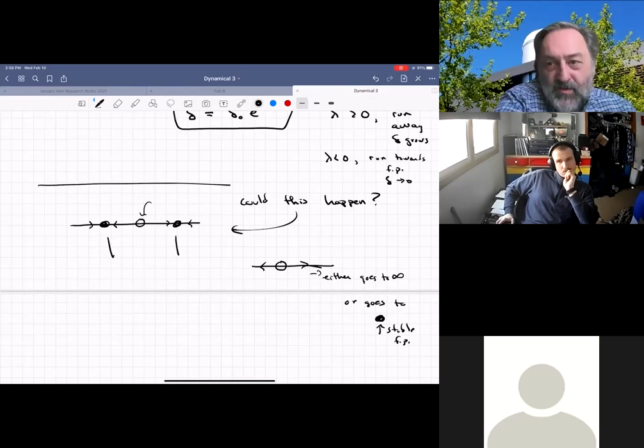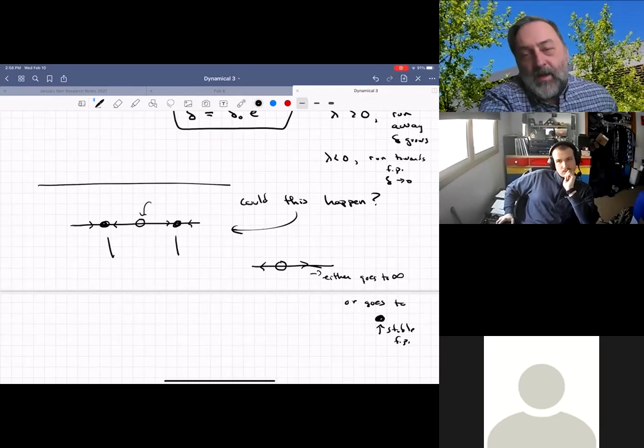Those are the only two things it can do. If you're going to run away from an unstable fixed point, you either run all the way to infinity or you run towards a stable fixed point. You can't do anything else.